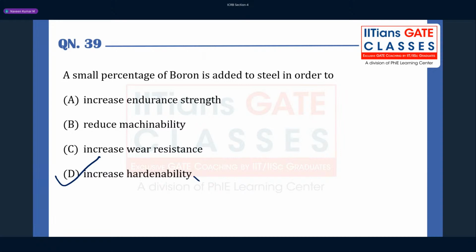So how much percentage of boron is added? Some 0.0012, some 0.003, a small percent of boron is added into the steel to increase the hardenability, right? So how does it increase? Because it refines the grain size of the steel, and it enhances the alloying effects.